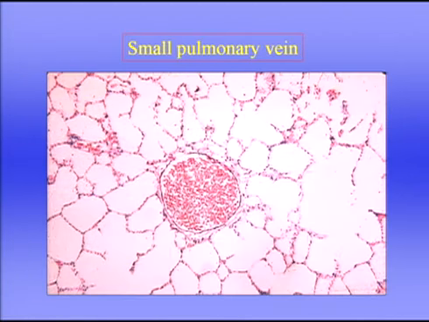Now let's go on to talk about the pressures around the slightly larger blood vessels, and in this case we're looking at a pulmonary vein. Incidentally, how do I know it's a pulmonary vein? Mainly because it's not accompanied by an airway.